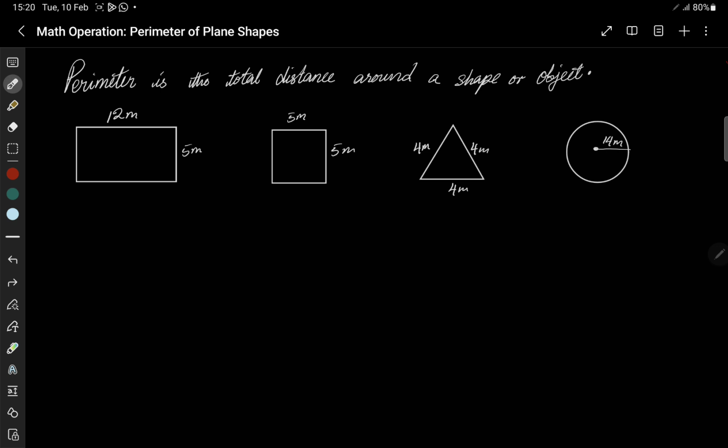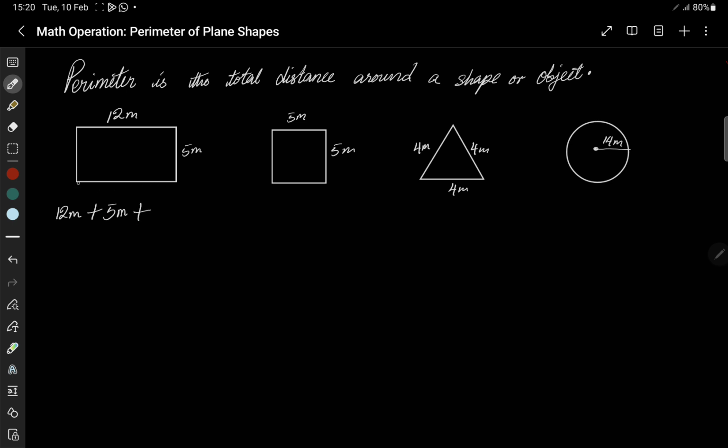So there are simple ways you can do the perimeter. Since you know it's just the total distance around the shape, you could add the length of each side one after the other. Take for example, we have the rectangle here. From this point to this point is 12 meters, so we have 12 meters plus, from this point to this point is 5, we have 5 meters plus.